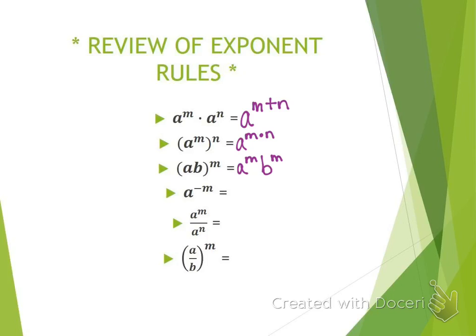So if it helps, off to the side, if I write it like this. Does anybody remember how we're going to make it positive? We need to move it. So if it is negative in the numerator, which is what it is here, it would be positive in the denominator. So we flip it.